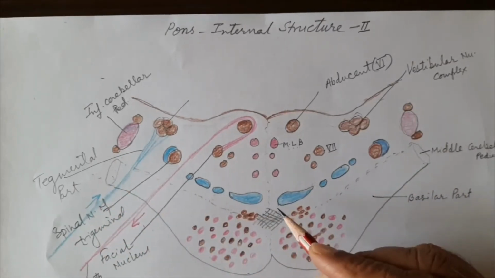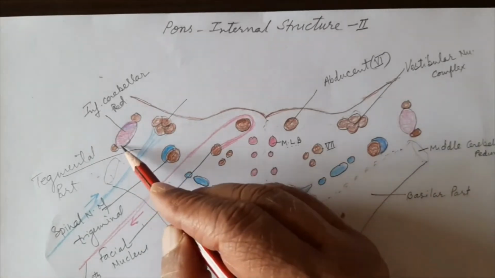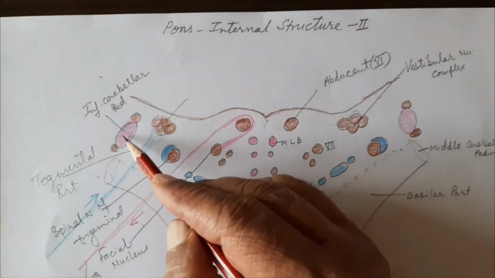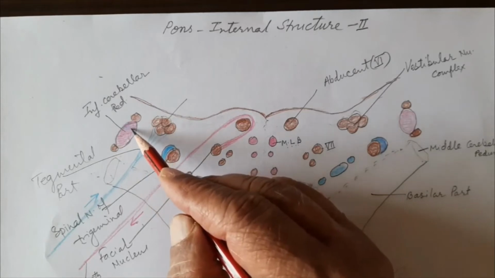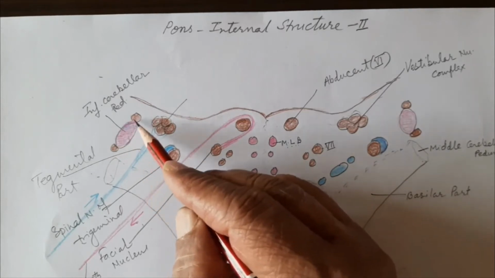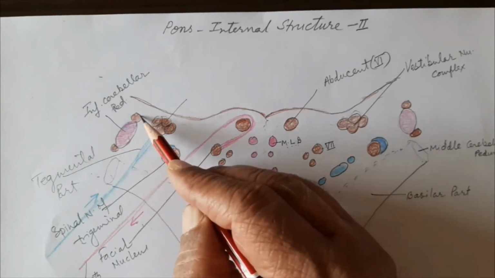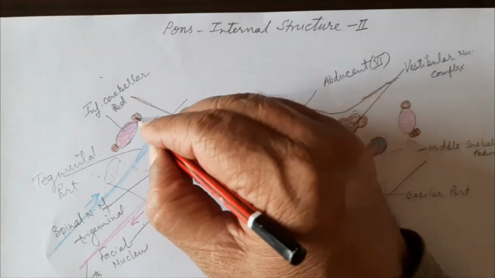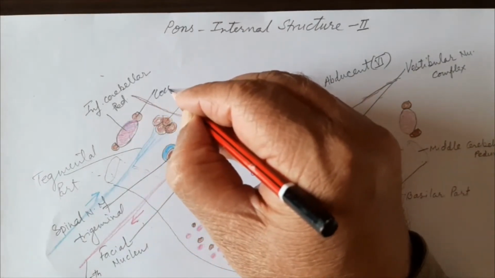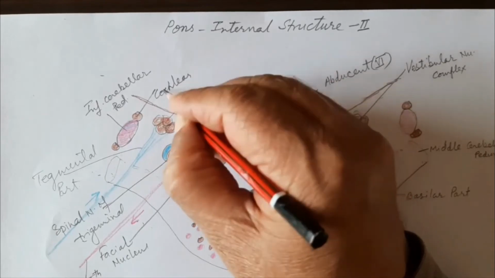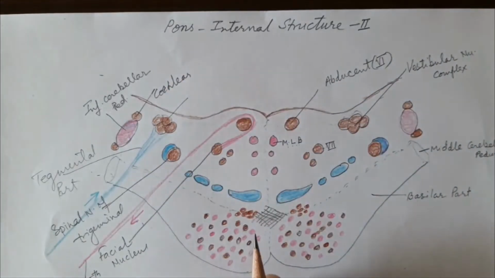Now these two nuclei lie on the ventral and dorsal parts of the inferior cerebellar peduncle. So this is the ventral and this is the dorsal cochlear nucleus.